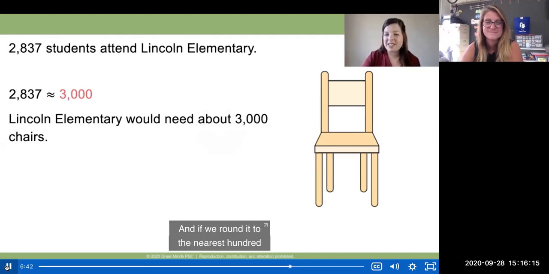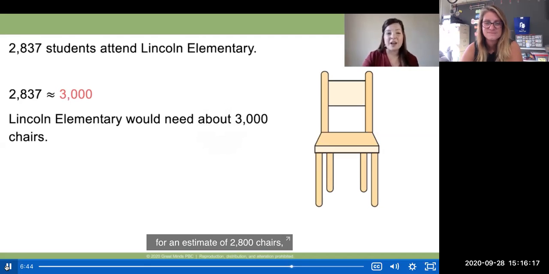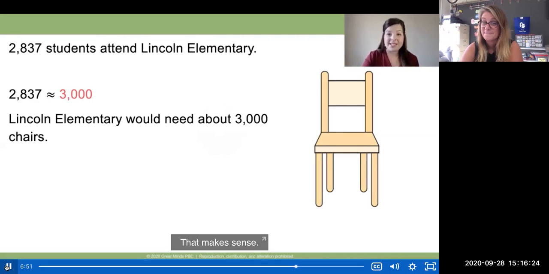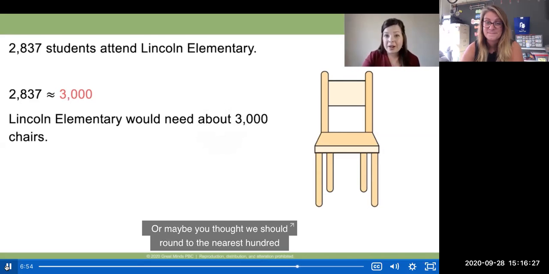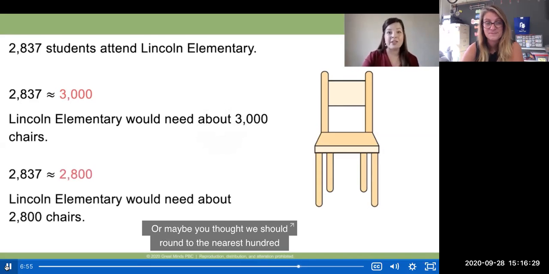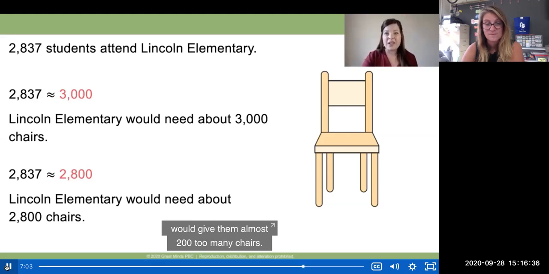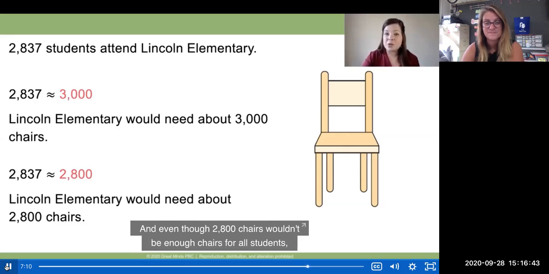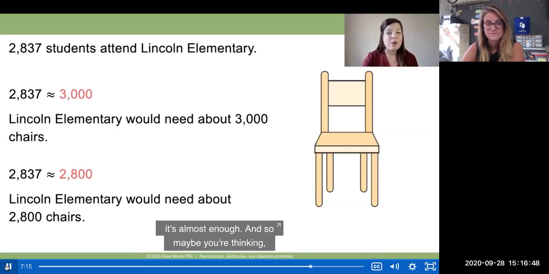And if we rounded to the nearest 100 for an estimate of 2,800 chairs, then some students wouldn't have a chair. That makes sense. Or maybe you thought we should round to the nearest 100 for an estimate of 2,800 chairs, because 3,000 chairs would give them almost 200 too many chairs. That would be too many extra chairs. And even though 2,800 chairs wouldn't be enough chairs for all students, it's almost enough.